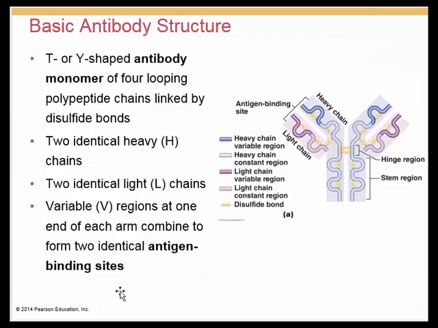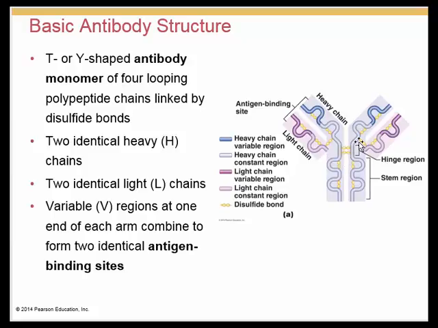Basic structure. Don't look at this and freak out. I'm not going to expect you to memorize this and label where the light chain and the heavy chain are. I just want to give you an idea of the structure. We know this is protein, and it's actually made of 4 looping polypeptide chains, and they're held together by disulfide bonds, which are these yellow bonds.